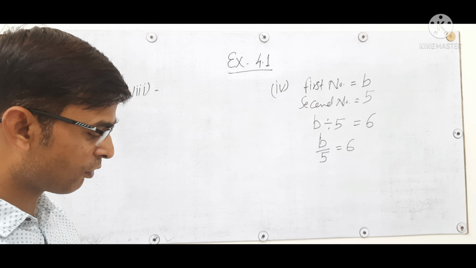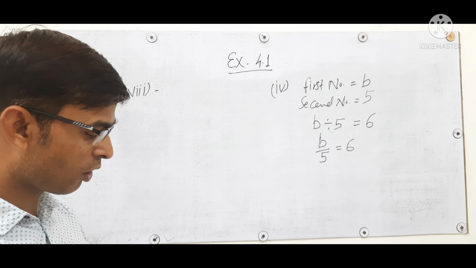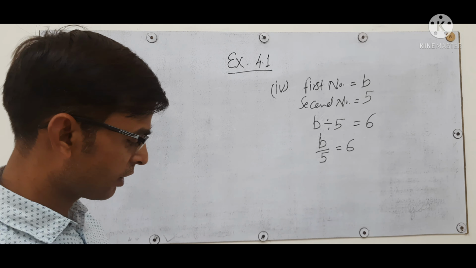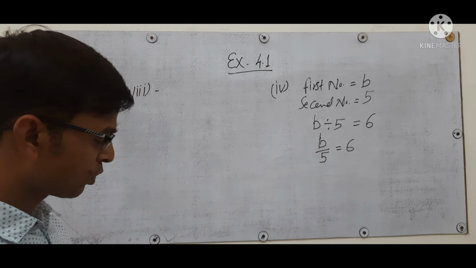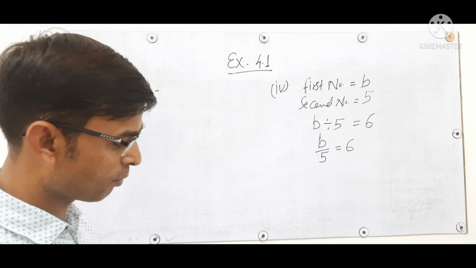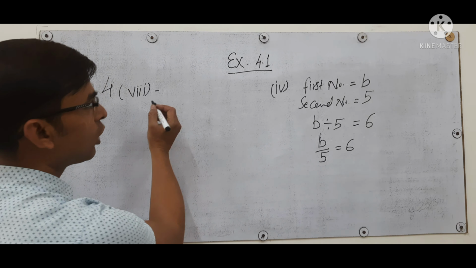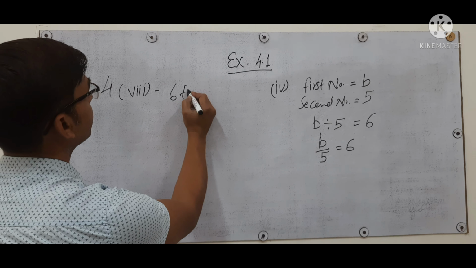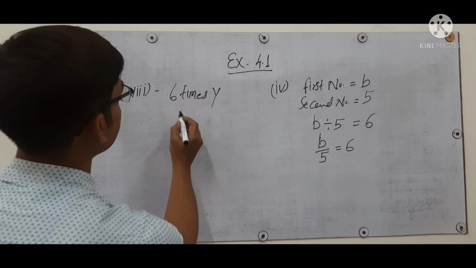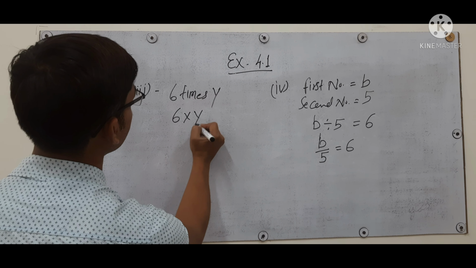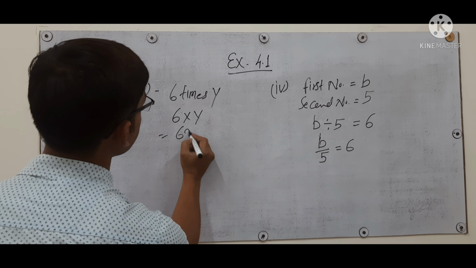That is, we have to write it in equation form. So how will we write 6 times of y? That is 6 cross y, it will be 6y.